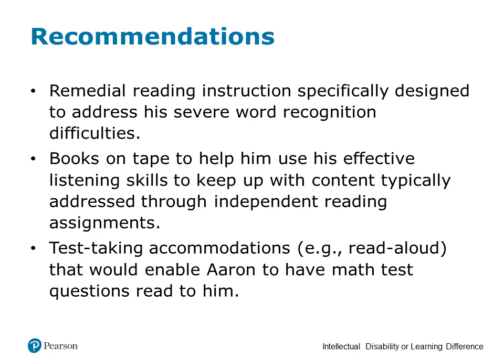And again, maybe making sure we offer him books on tape, to bypass the weaknesses in reading, and maybe test-taking accommodations, especially for math, because what we're finding is that his scores are probably dropping in math as the problem-solving, the verbal working memory demands increase.